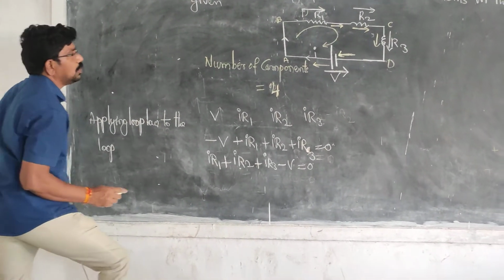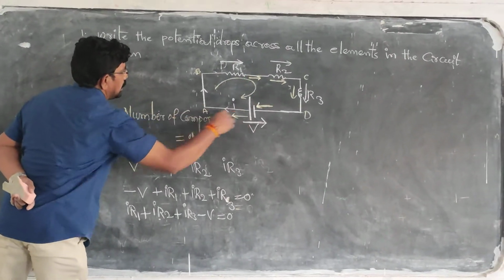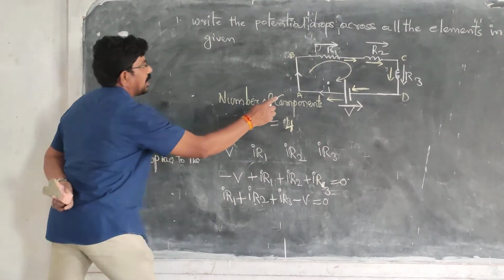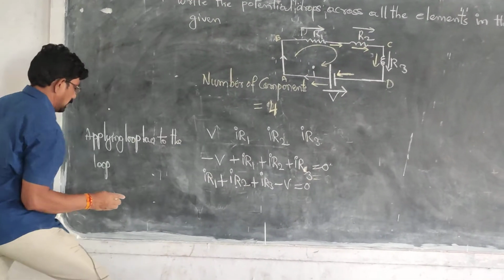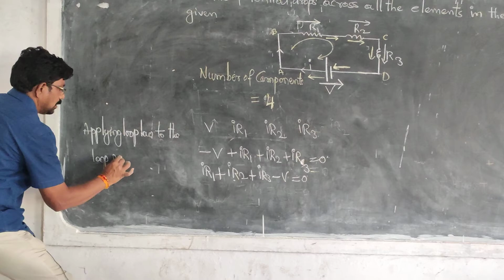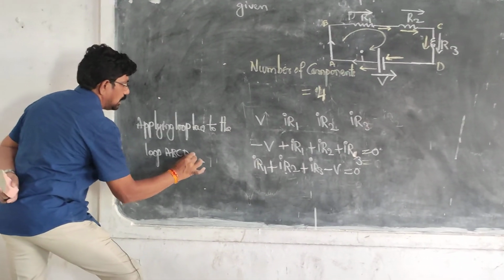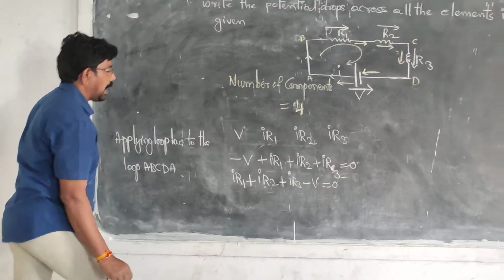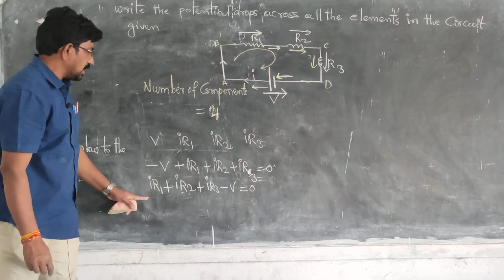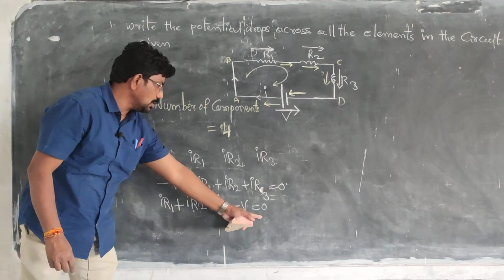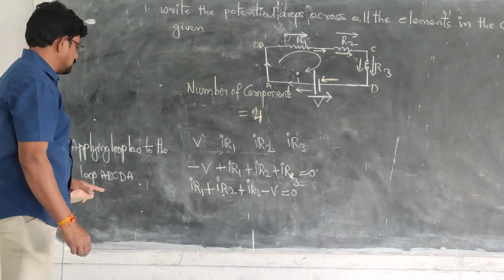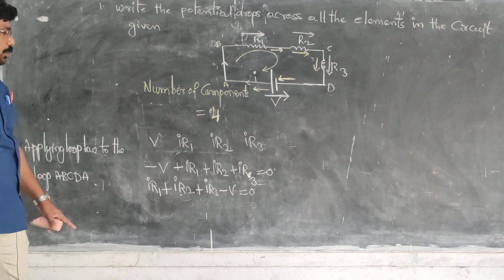What is the name of the loop? A, B, C, D, A. I started from A and I am moving along this direction and reached this point. A, B, C, D, A. So, the algebraic sum of potential differences across various components is equal to 0. This is Kirchhoff's second law. Are you clear about that? Make a note of it.